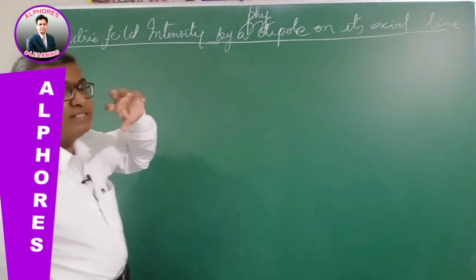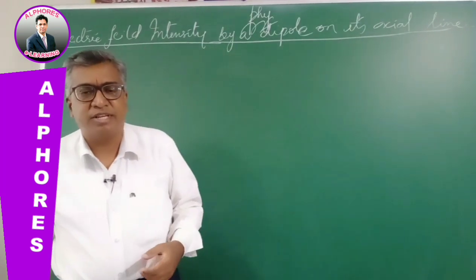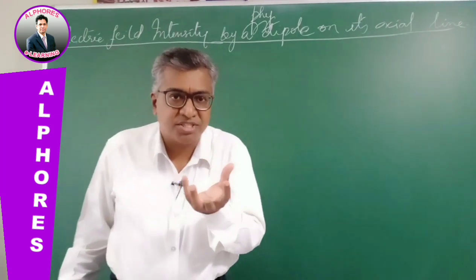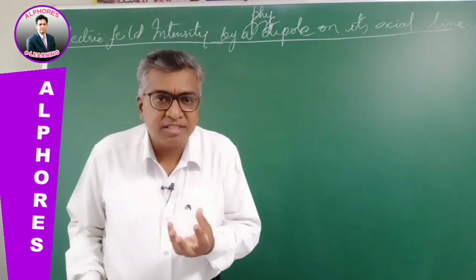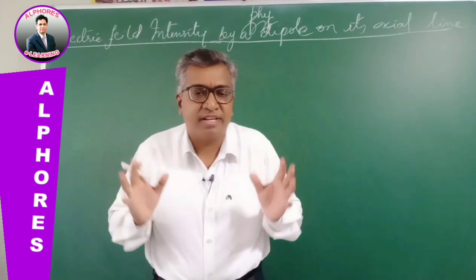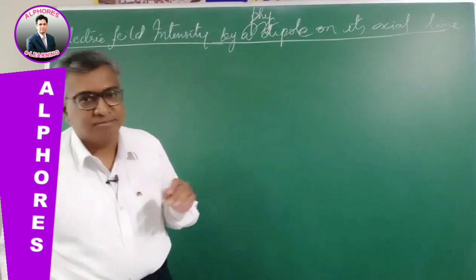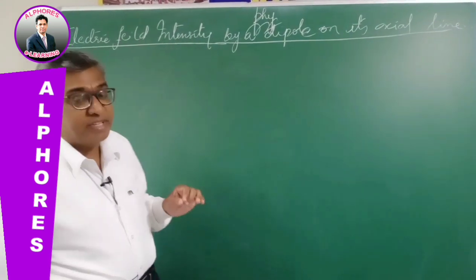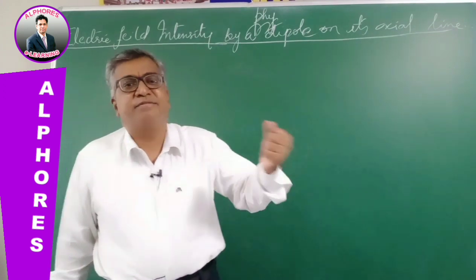Electric means charge. Electric is the Greek word given actually to a charge. Electric field: every charged body produces a field around it. The space around the charge where the effect of the charge can be felt, experienced, is the electric field. Electric field intensity is the measure of the strength of the field.